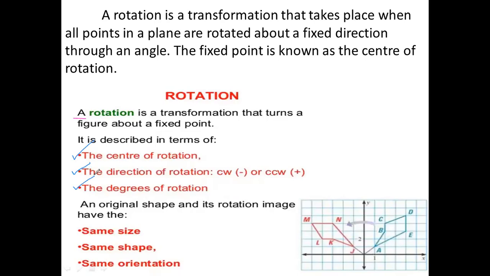And when we rotate this pencil, for example, this is 0 degrees, and you rotate that about 90 degrees. So therefore, it will form an angle. That is why there are also certain degrees of rotation.